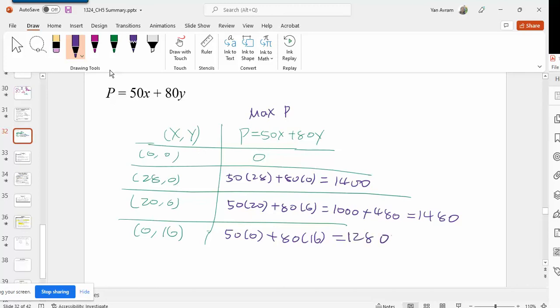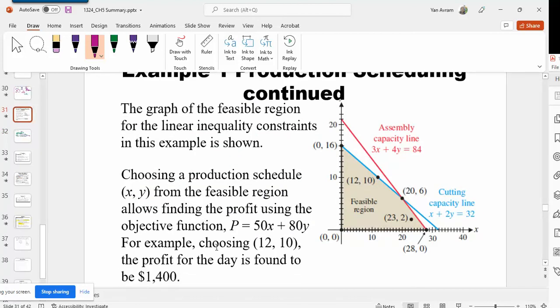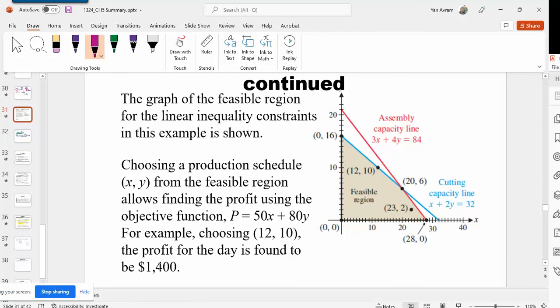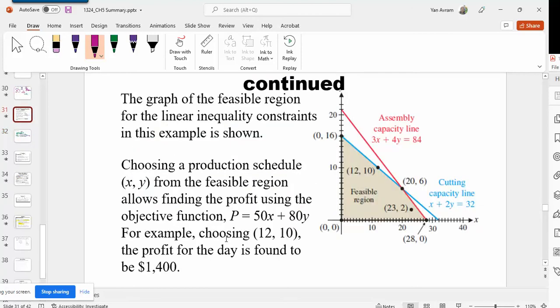Alright, so which one is the maximum? We can look at it. This will be the maximum. Okay, this is the maximum value for P, right? This is a P value. So that means if you choose the schedule of 20 and 6, you make the maximum profit in here, 1480 profit in this case.